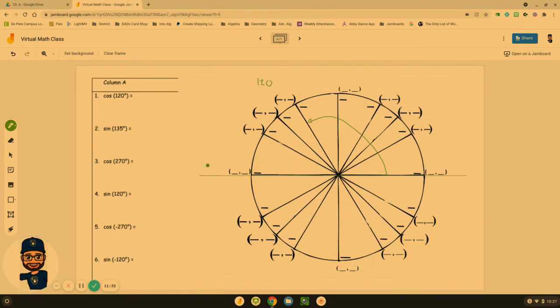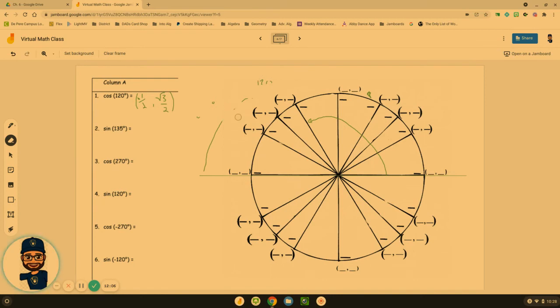Well, we are 60 degrees away. So it relates to the 60 degree, which was this one right here, right? My x value is going to be 1/2. My y value is square root 3 over 2. Which one is negative in the second quadrant? My x coordinate. So it would be negative 1/2, square root 3 over 2.